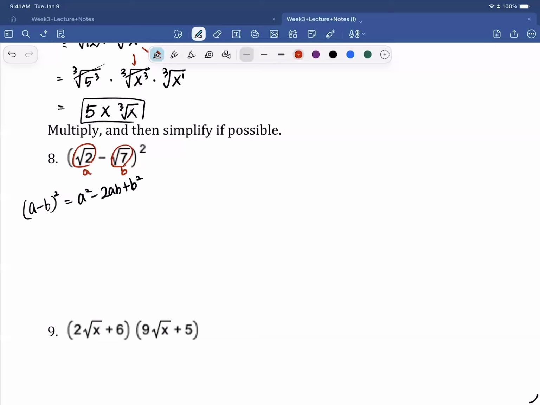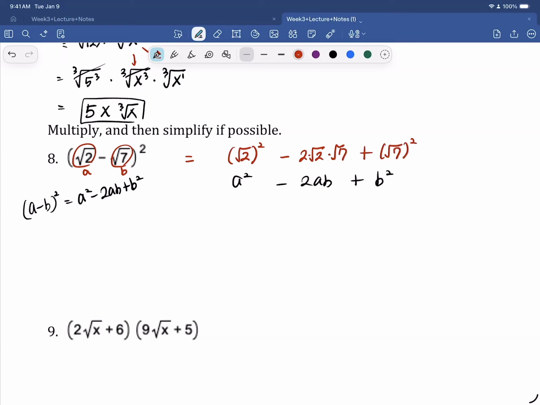So I'm going to replace a and b: a squared, minus 2 times square root 2 times square root of 7, and then plus square root of 7 squared. Okay?